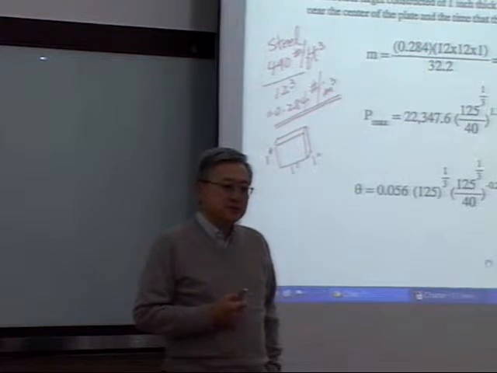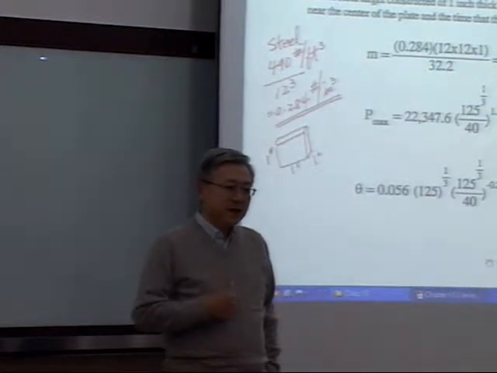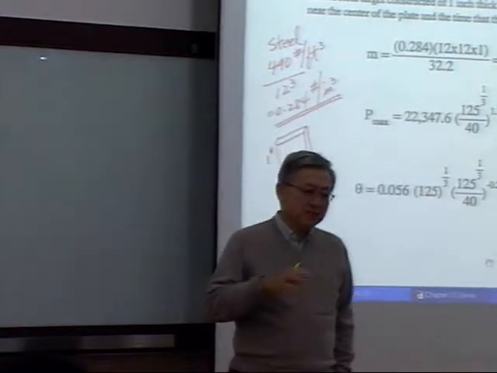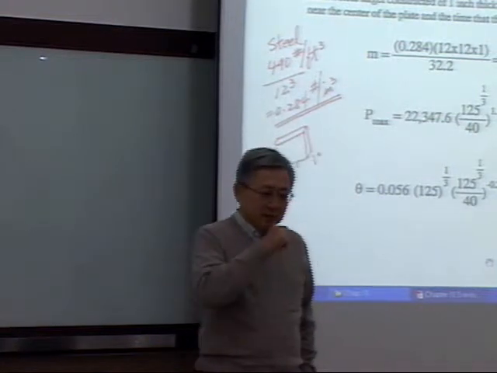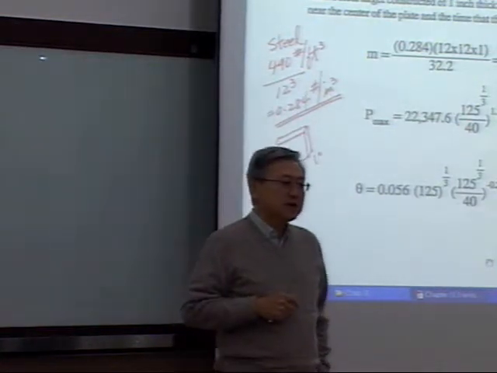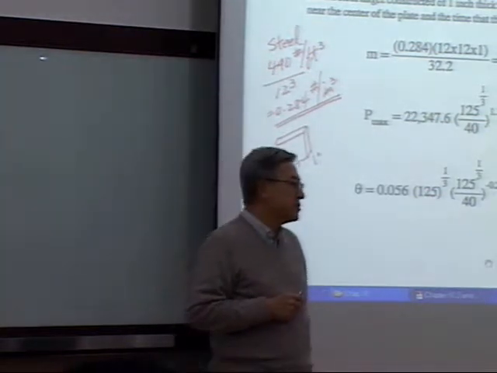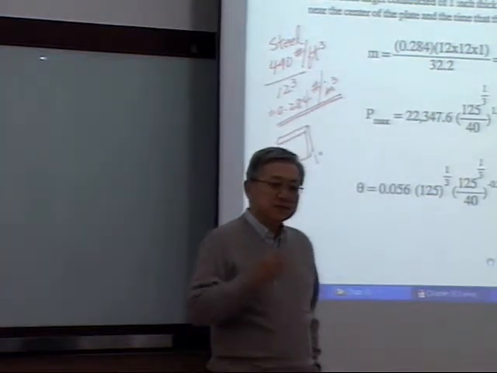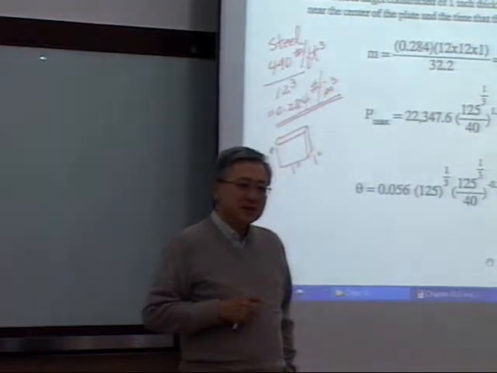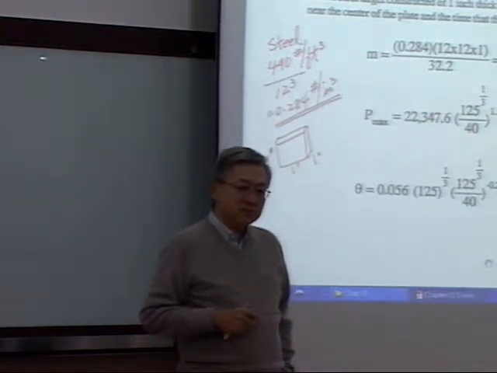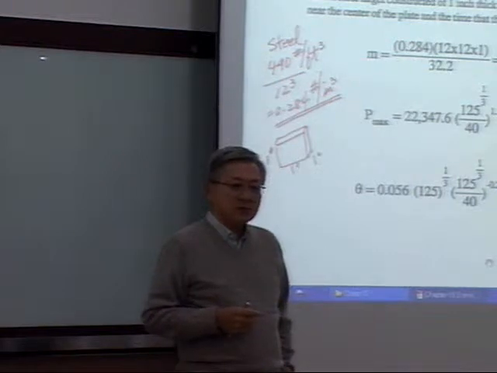And units. In the past, not this class, I'm pretty sure this class everybody will do it right, but usually in the past, the students screw up the units. If you screw up the units, then the answer is of course wrong. The solution is wrong.